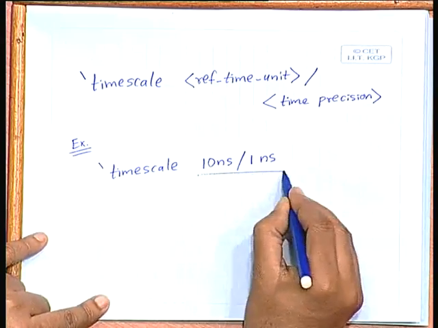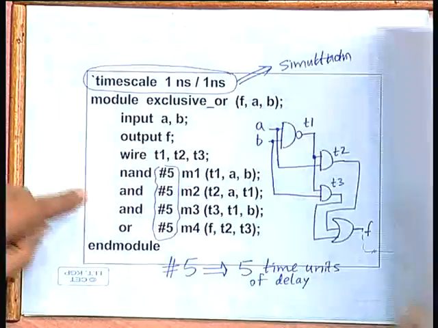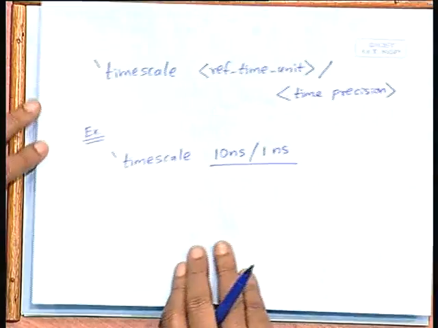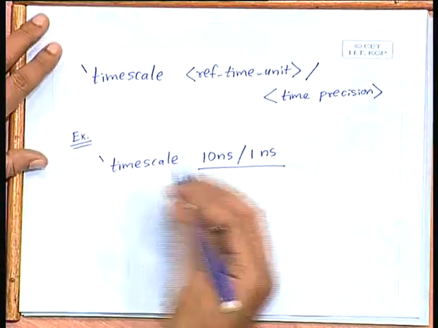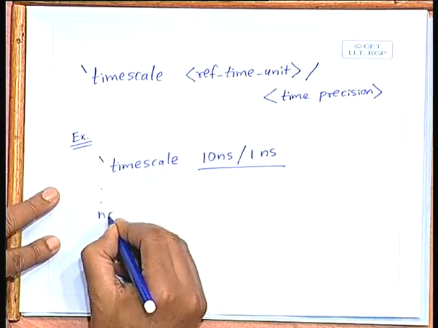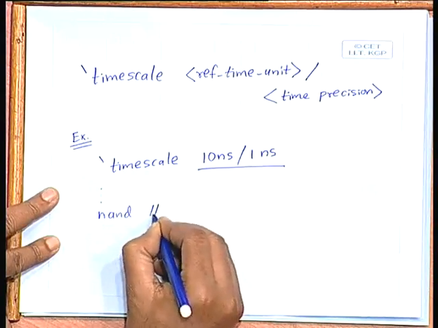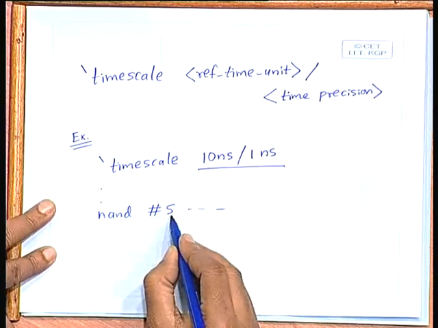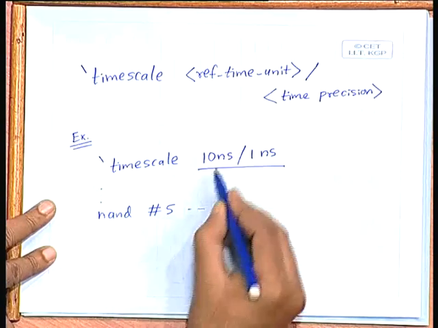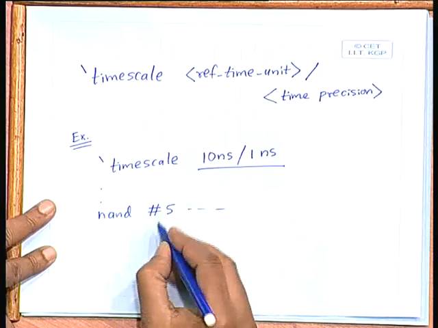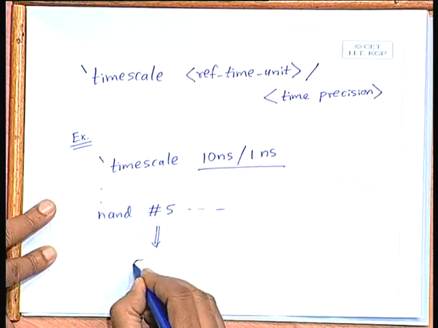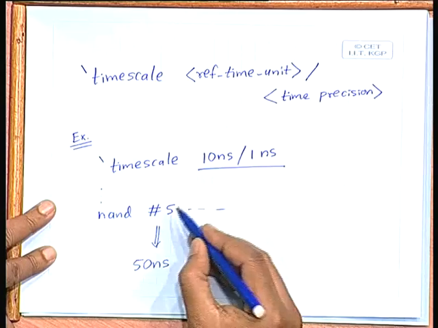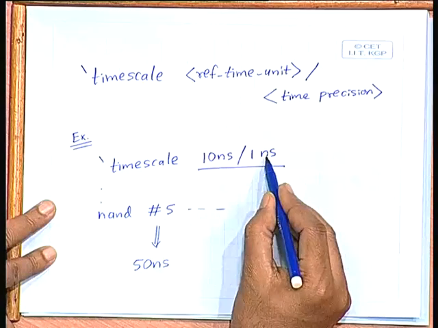This will actually mean that, if you look at this again, we are specifying delays like this. Suppose in a specification somewhere I give NAND hash 5. Now this hash 5 will actually mean 5 multiplied by 10 nanoseconds, that is 50 nanoseconds, but the resolution with which I can specify the delay is this.